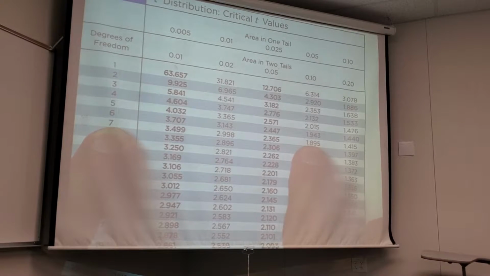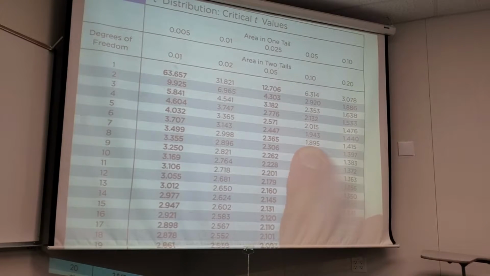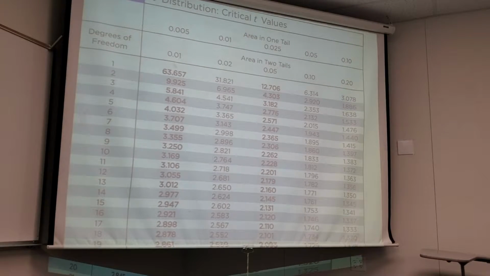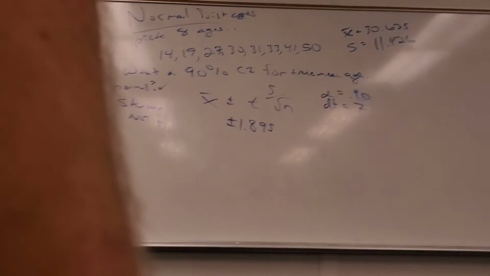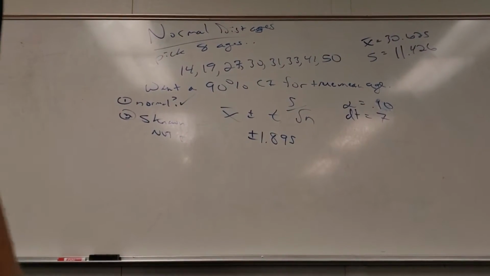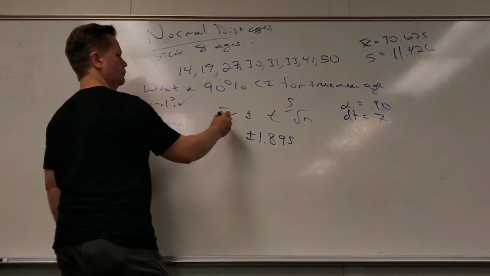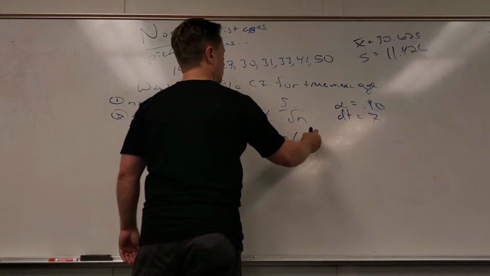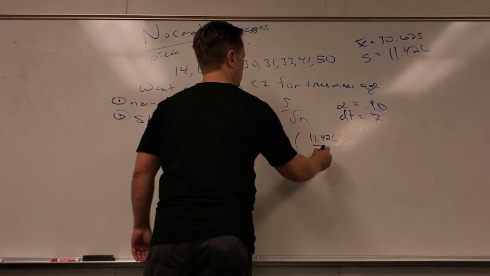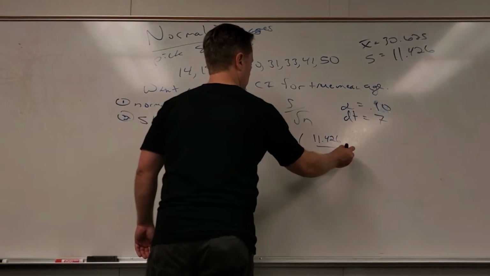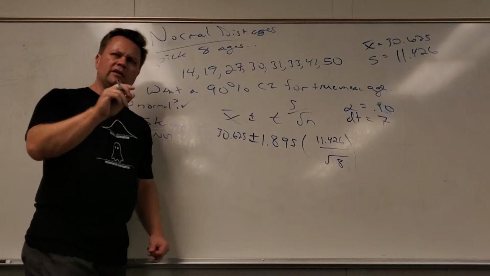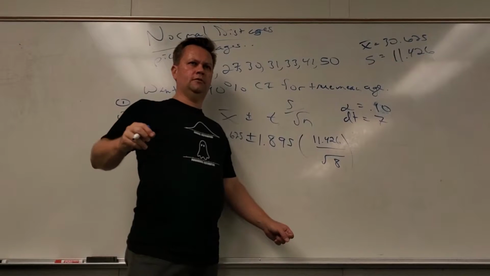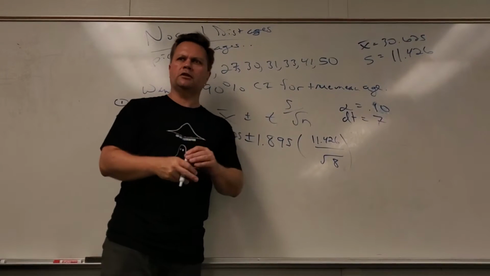I'm going to use 1.895. Another big mistake people make, a little mistake, is they'll put a 7 here, but N is 8. You can understand why somebody might put 7 there because they made it degrees of freedom, but N is 8.